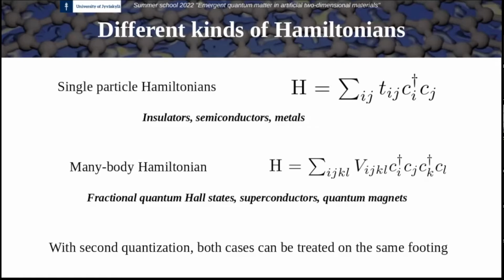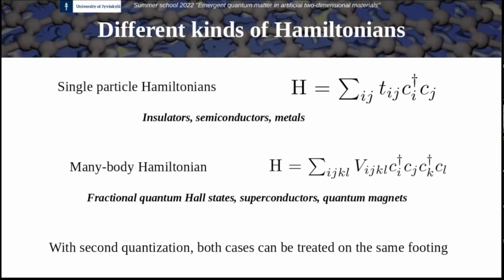And then, of course, we also have many-body Hamiltonians. These are Hamiltonians that are no longer quadratic in the creation and annihilation operators, but biquadratic. So they have 2 creation operators and 2 annihilation operators. The typical many-body Hamiltonian you can think about is, for example, a density-density interaction that comes from Coulomb interaction.